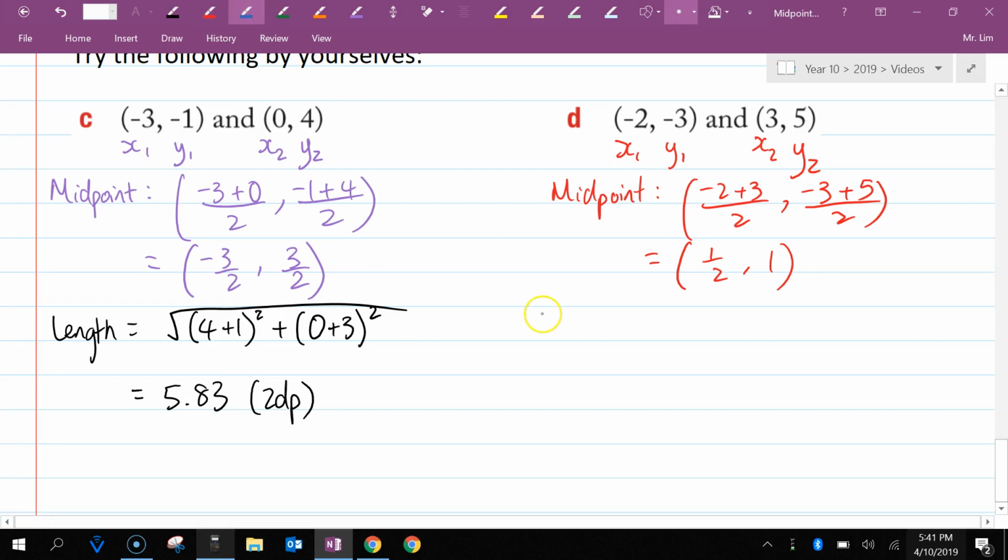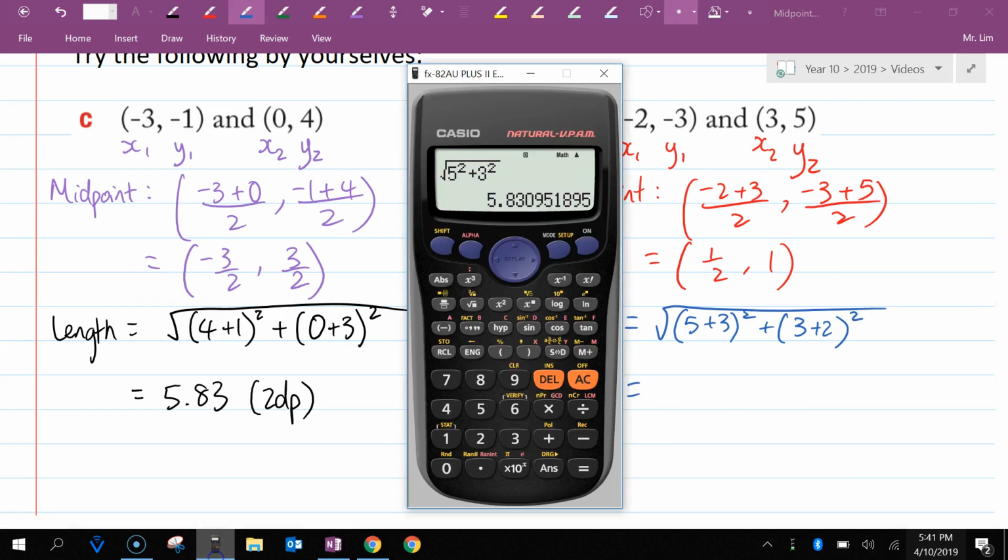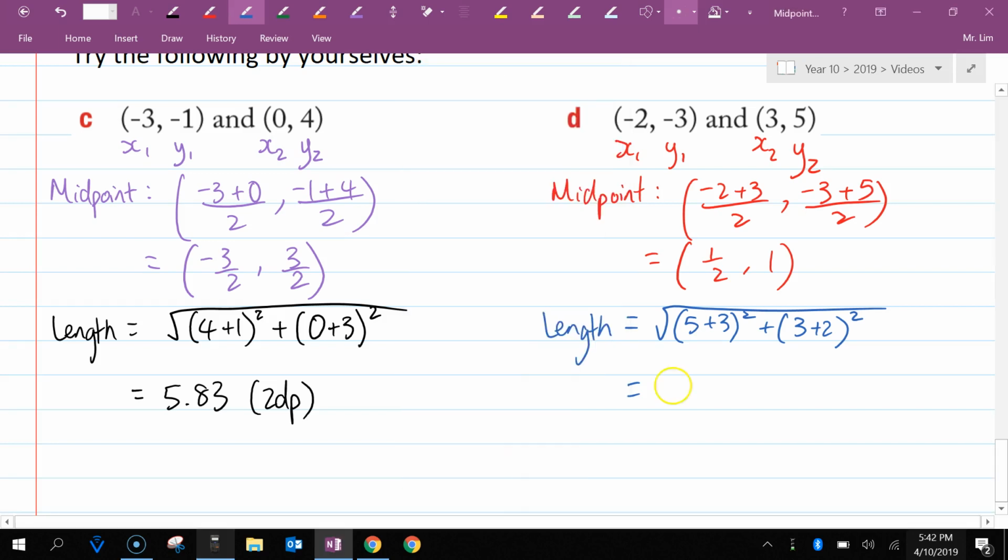The length is equal to the square root of y2 minus y1 becomes plus 3 squared, plus x2 minus x1 becomes plus 2 squared. So when we put that in our calculator, we get the square root of 8 squared plus 5 squared is 9.43 to 2 decimal places.